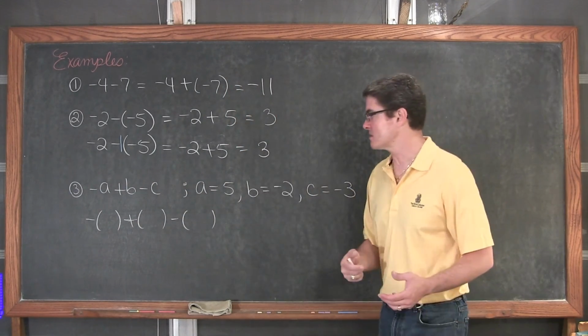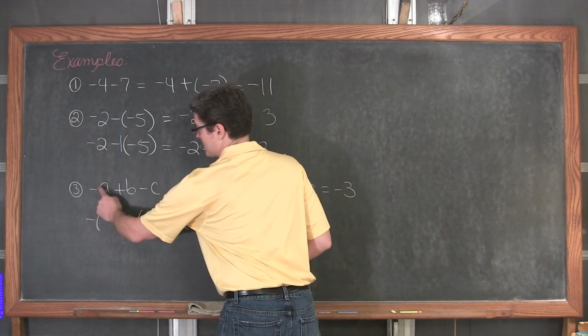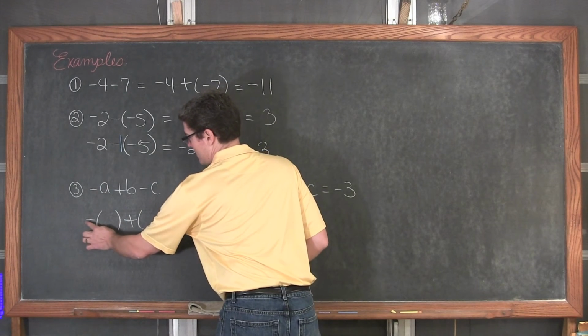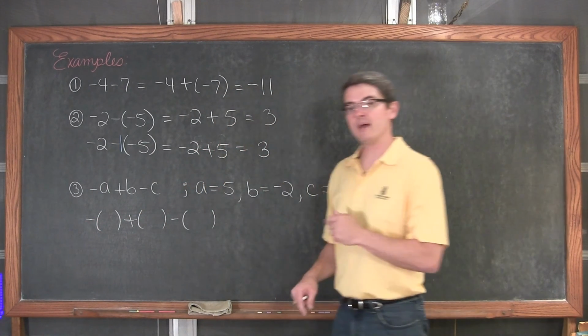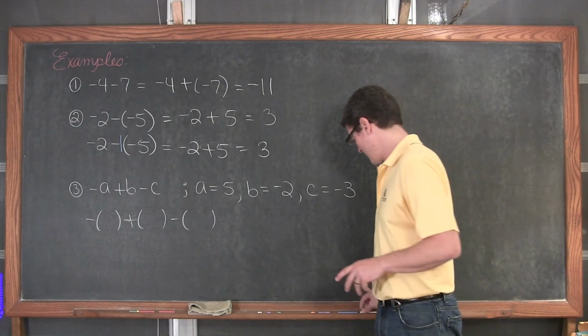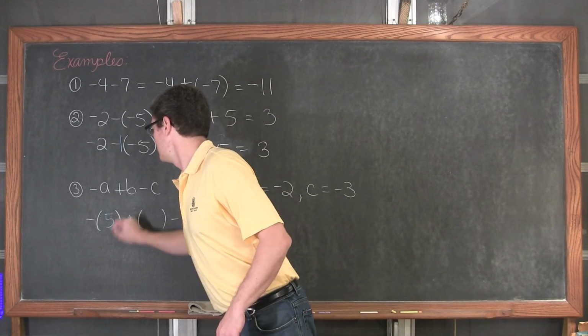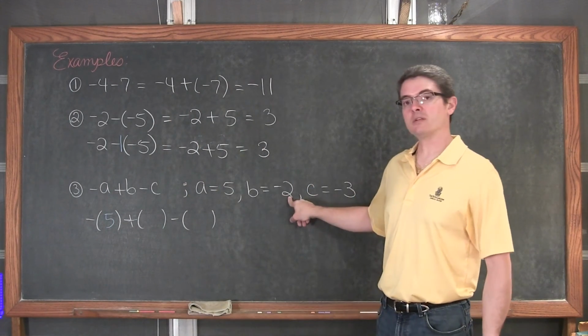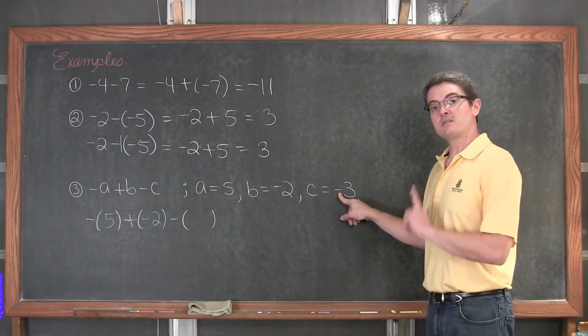I don't know if a is positive or negative, but I see that it's the opposite of a, or the negative a, so negative empty space plus empty space minus that empty space for c. And what are we plugging in? Well, we're plugging in a is equal to 5, b is equal to negative 2, and c is negative 3.